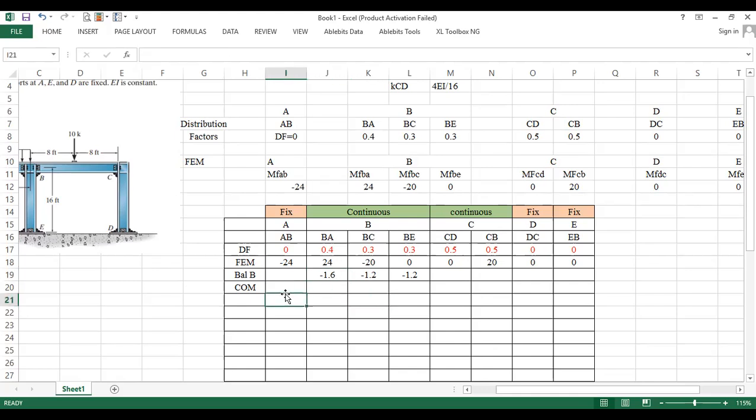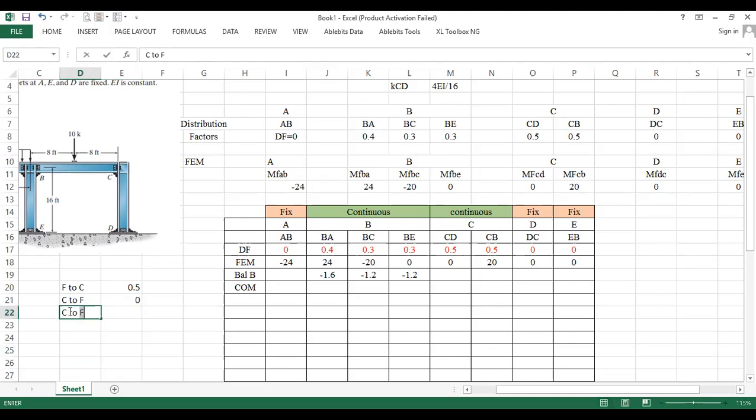BA's neighborhood is AB, so it is from continuous to fixed. I told you if it is fixed to continuous, you should give half. Continuous to fixed, you don't give anything.